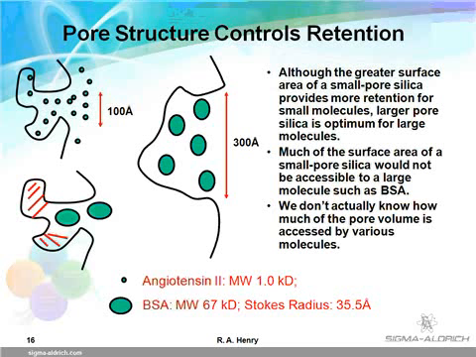Most drugs and other industrial chemicals are small enough to gain access to nearly all of the internal pore structure of the packing. When larger molecules approach the size of an average opening in the particle, they experience restricted access, which reduces retention and causes broad peak shape, low efficiency, and poor resolution.